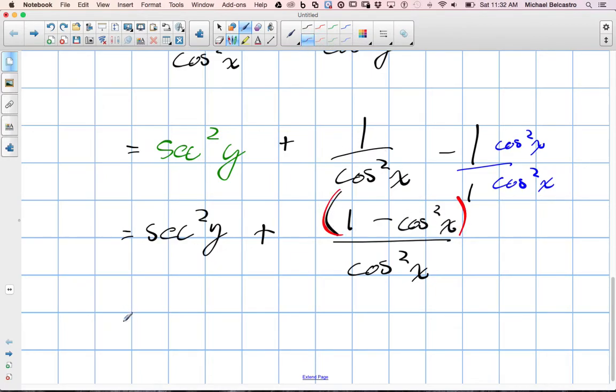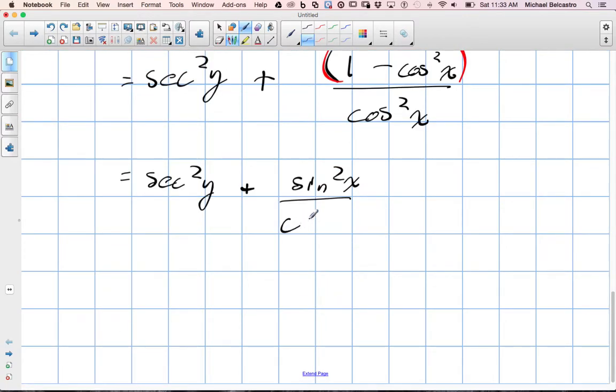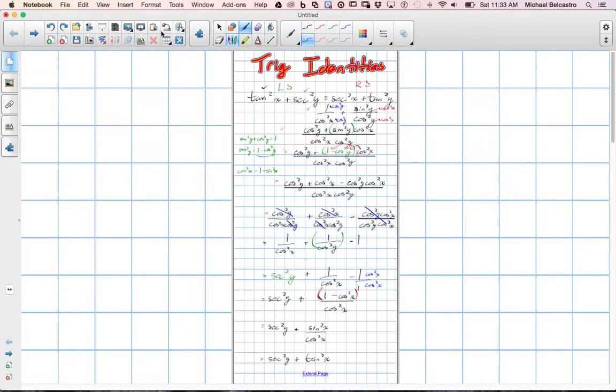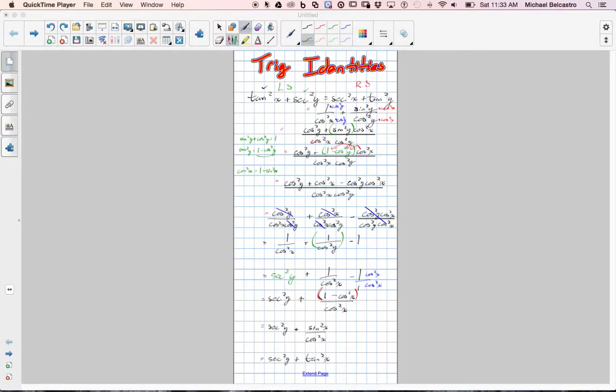When we do that, we'll have secant squared y plus sine squared x over cos squared x. And that in itself is the quotient identity, which simplifies to just tan squared x. So we now have secant squared y plus tan squared x, and tan squared x was the other value way up here that we were looking for. So there is our trig identity.